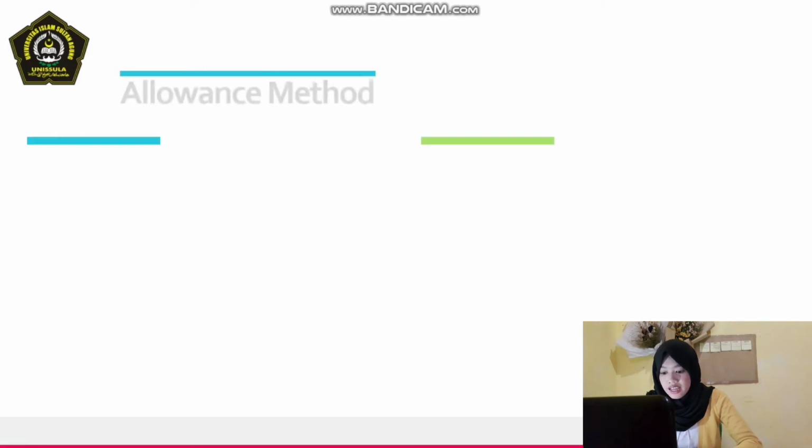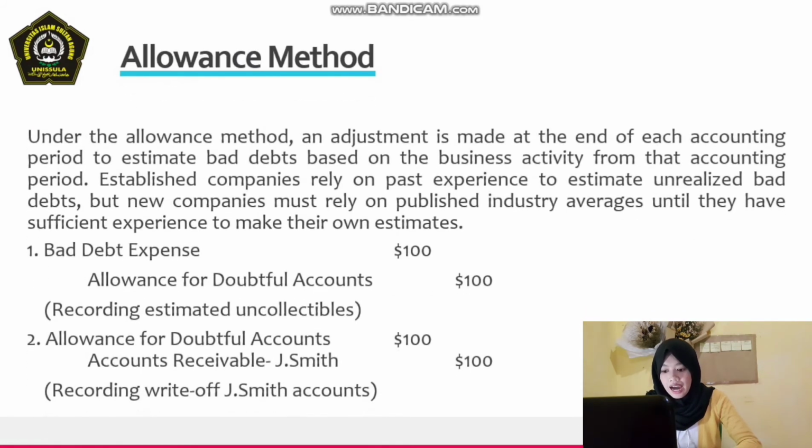The second is allowance method. Under the allowance method, an adjustment is made at the end of each accounting period to estimate bad debts based on the business activity from the accounting period. Established companies rely on past industry experience until they have sufficient experience to make their own estimates.